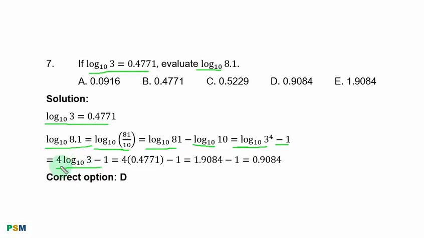Now you replace log 3 base 10 with this value. You multiply it by 4, then minus 1. You have this result, and you have 0.9084. The correct option is D.